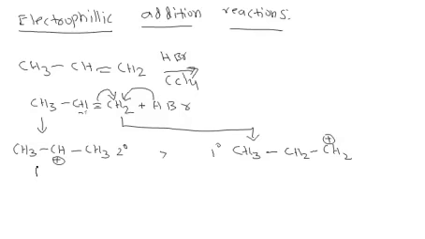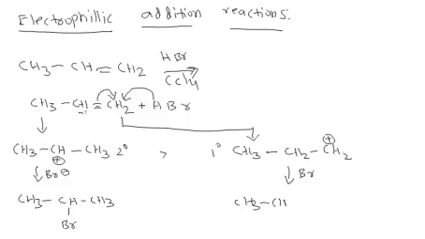So in the presence of Br minus, 2-bromopropane will form as the major product, while the other pathway places bromine at the first carbon.